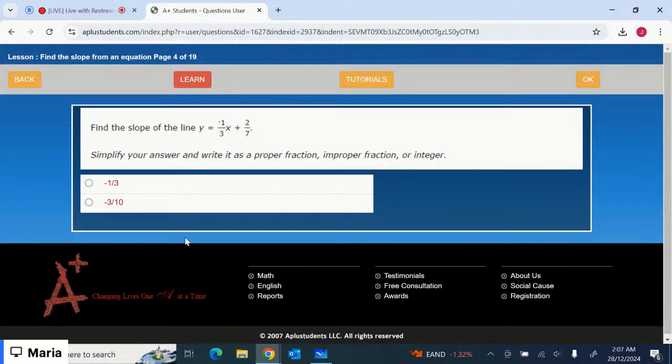Y equals negative 1 over 3x plus 2 over 7. So which is the slope?